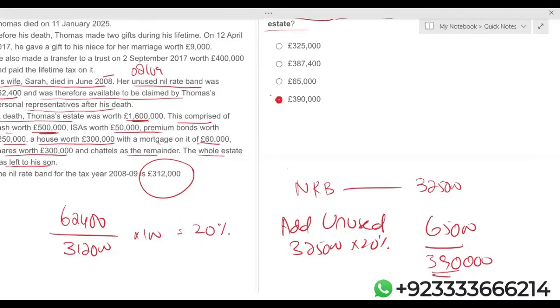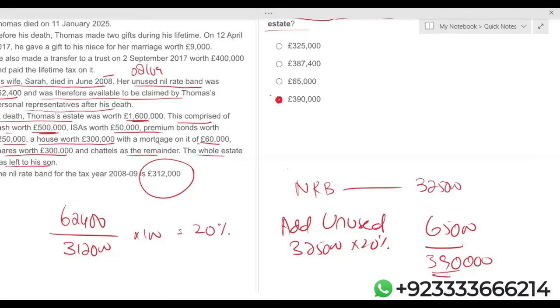Students, please listen to the answer carefully. It is mentioned in your study text that, regarding number one, of course, in the death estate there has to be the main residence left for the direct descendants. Plus, if it is mentioned in the question that residence nil rate band is available, then you will be thinking of the residence nil rate band. If nothing is mentioned, you will not go for a residence nil rate band.